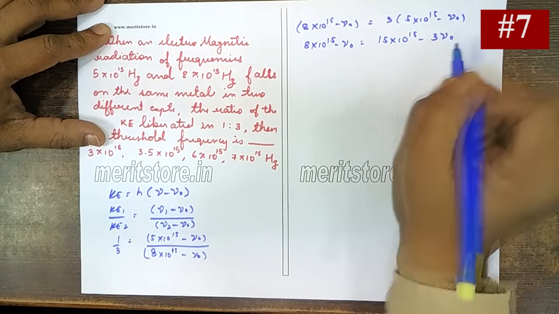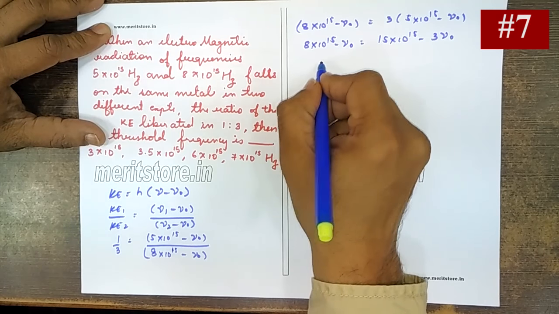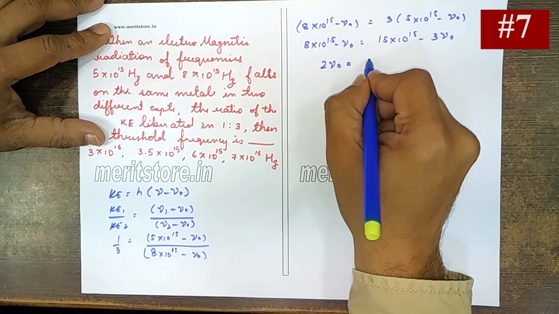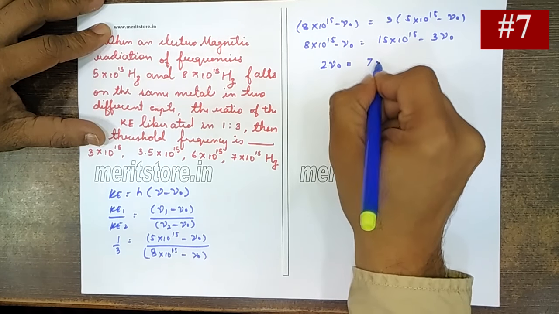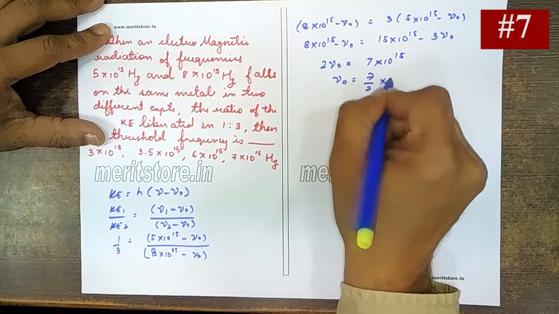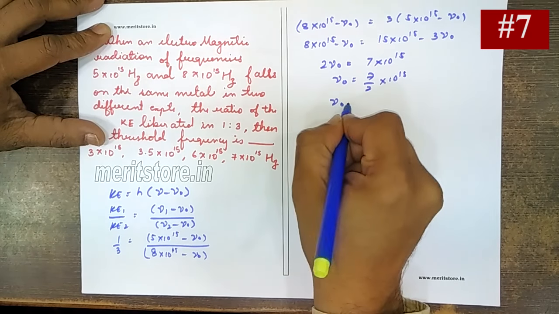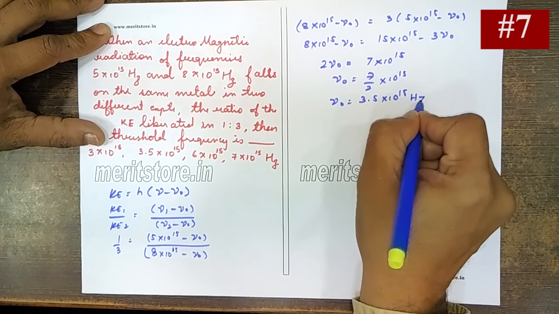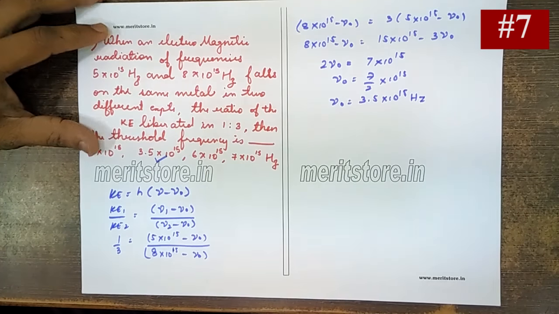So this will become 2 nu 0 is equal to 15 minus 8, 7 into 10 raised to 15. So nu 0 is equal to 7 by 2 into 10 raised to 15. So nu 0 is equal to 3.5 into 10 raised to 15 hertz. Such a choice is this.